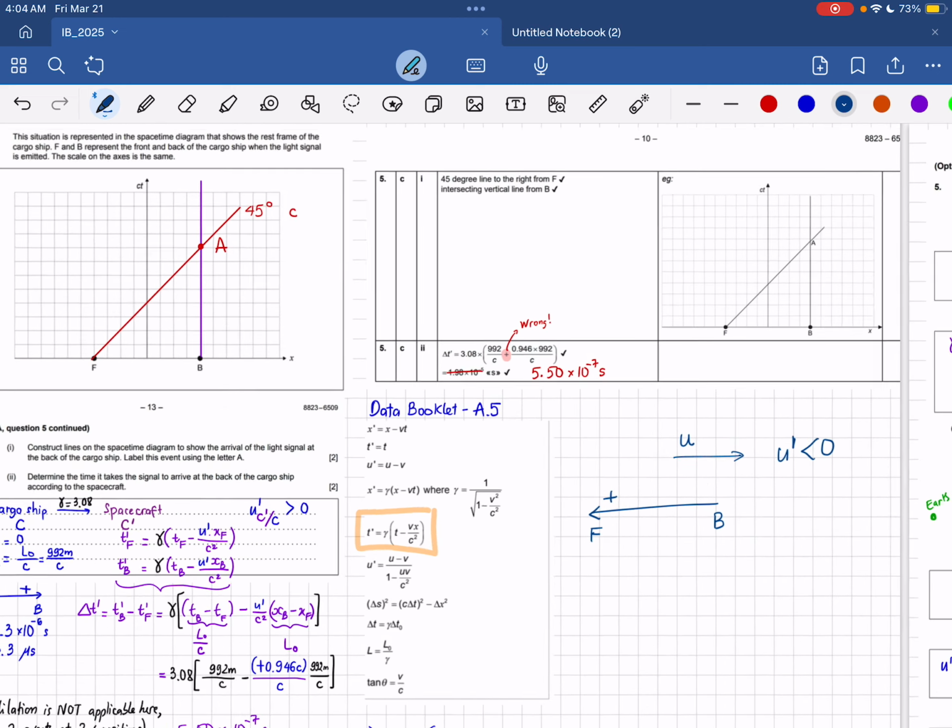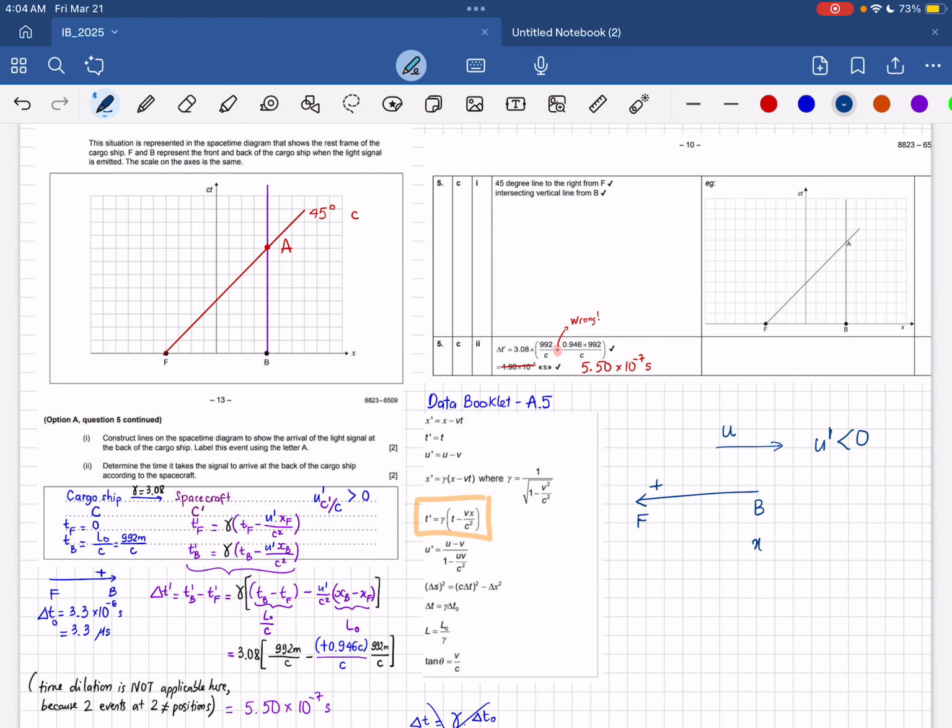But then you also have this is xb, this is xf, and they are increasing in this direction. It means that you will have xb minus xf to be negative, right? So if you got this term negative, then you also got this one negative, then the whole thing here will be positive again. So then you also have a negative here.